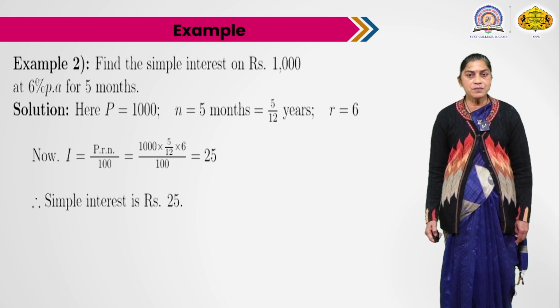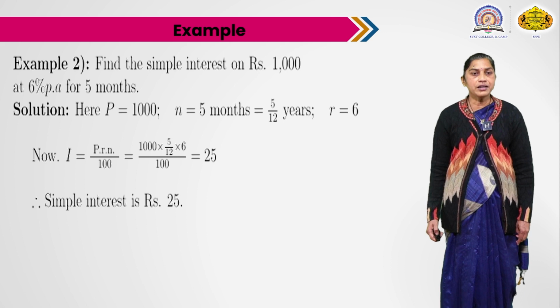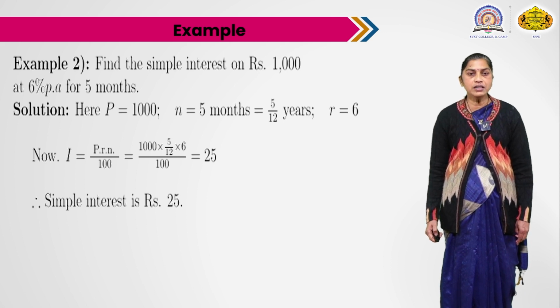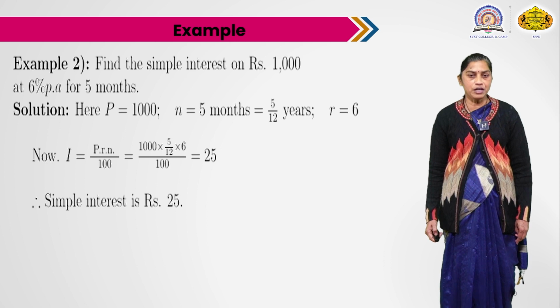Here principal is 1000 rupees and rate of interest is 6% per annum. The formula for simple interest is I is equal to P into R into N upon 100. Substitute the values. P is 1000, R is 6, N is 5 by 12, divided by 100. After calculations, the value of I comes to be 25 rupees. So, the simple interest is rupees 25.